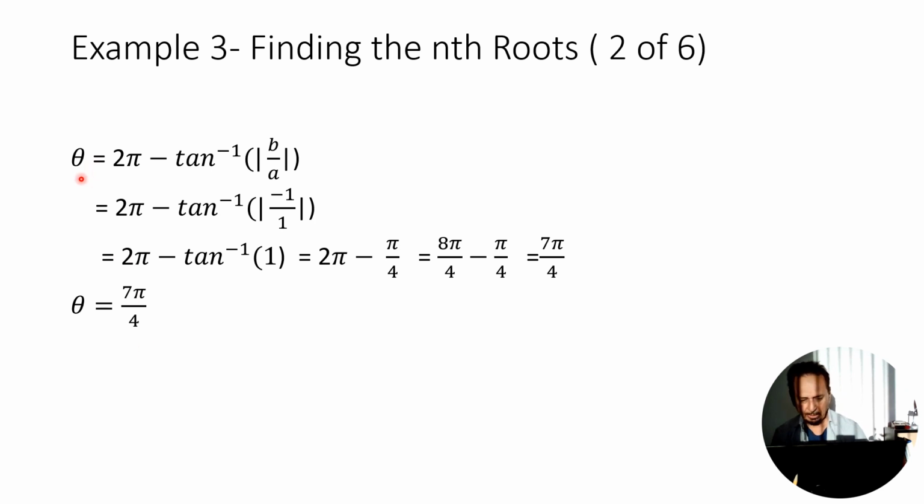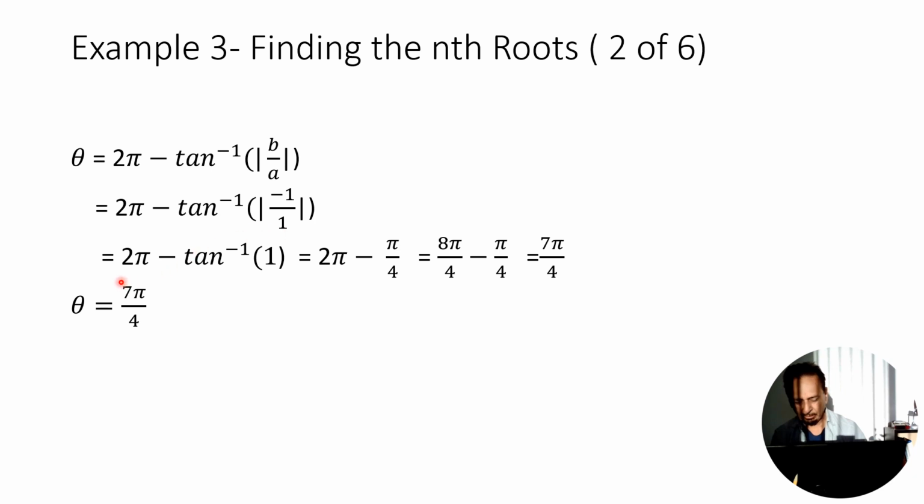So now θ = 2π − tan⁻¹|b/a|. Now you substitute b = −1 and a = 1. So we have θ = 2π − tan⁻¹|−1/1|.